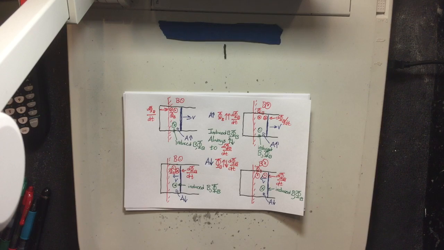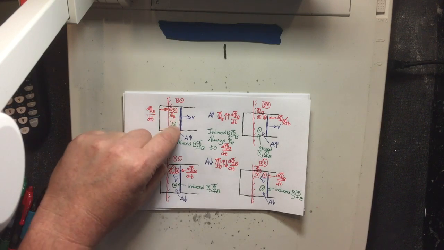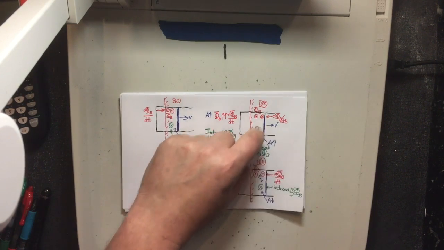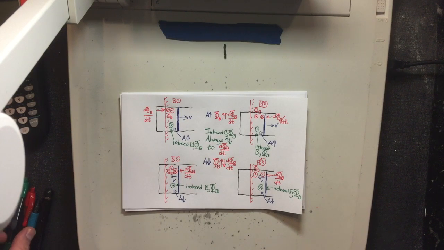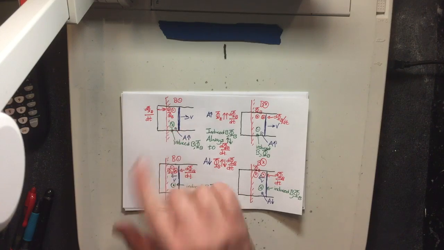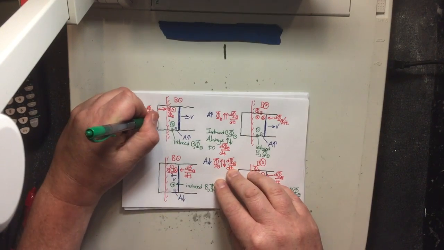Now, in order to get the induced flux to go in or out, the induced current in this case, to get the B field in, has to be clockwise.